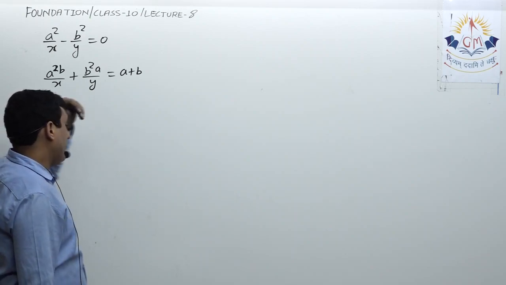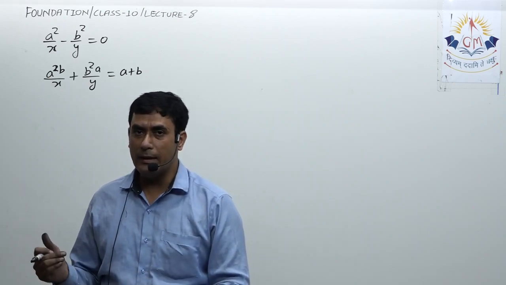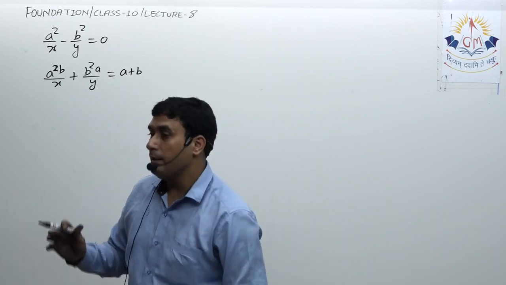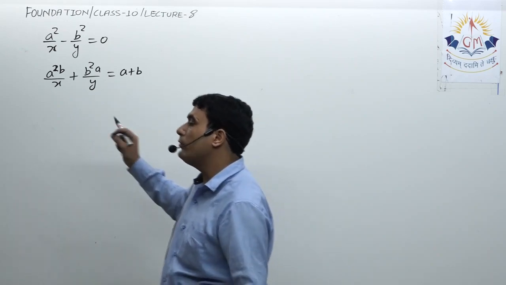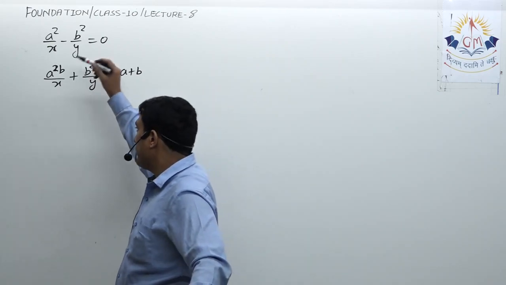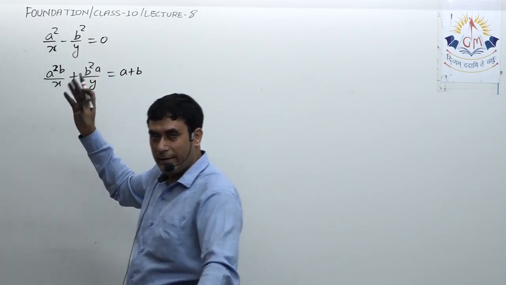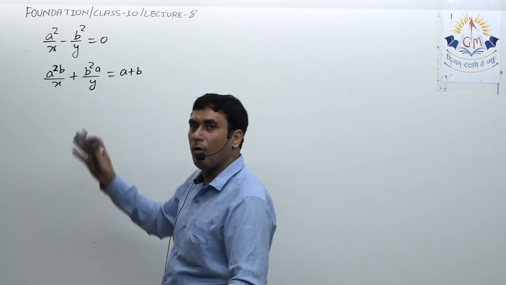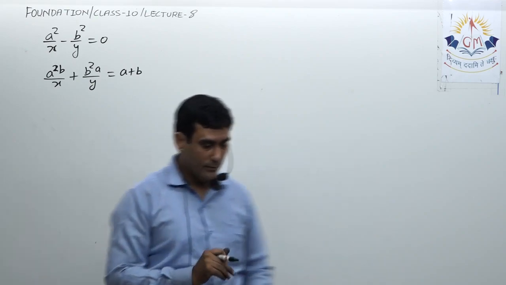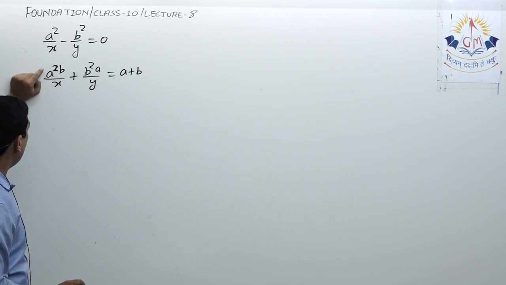See, what is our aim? Our aim is to cancel a variable, and that can be done by equating the coefficients. So in general we equate the coefficients of x and y. Over here we equate the coefficients of 1 upon x and 1 upon y. Then we can cancel either 1 upon x directly or 1 upon y directly to get the value of the next variable. Here it is a square upon x, this is a square b upon x.